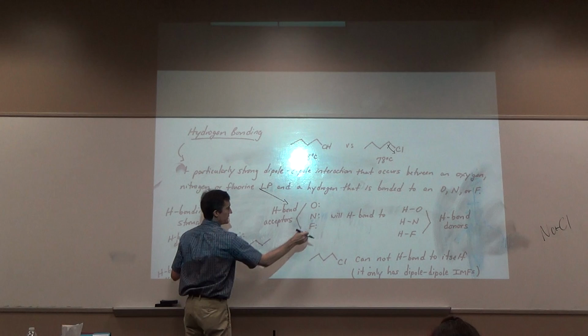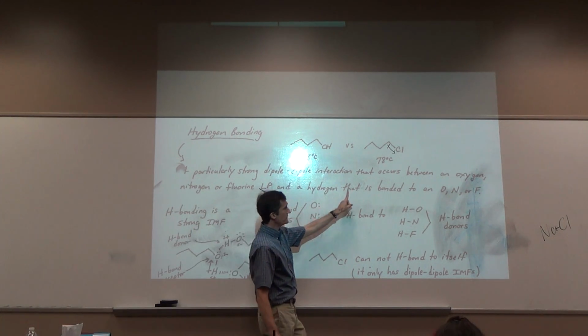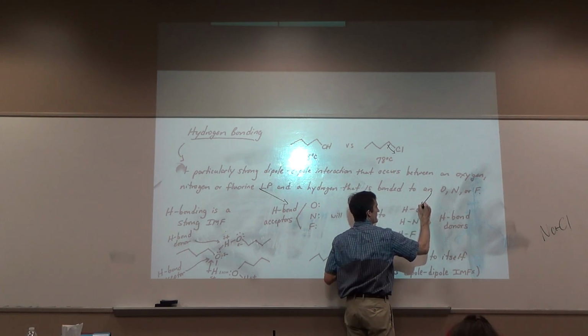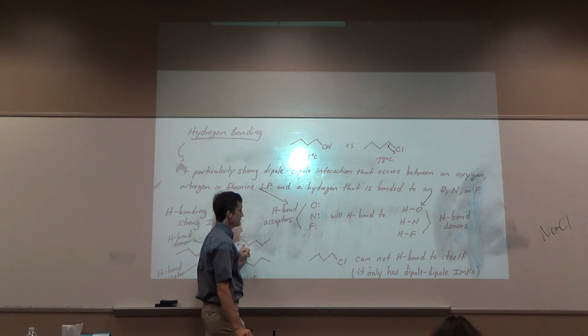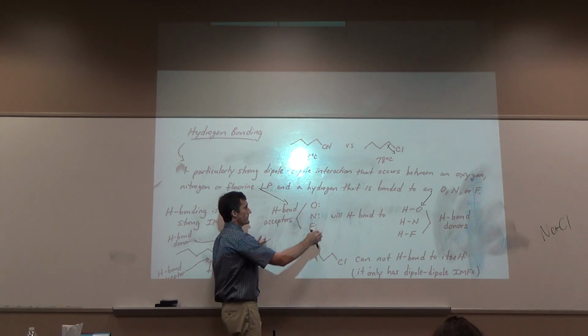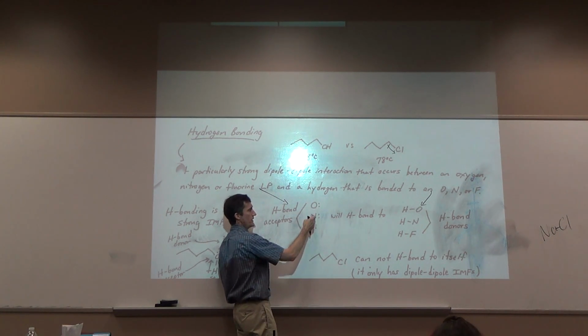That's those guys right here. And a hydrogen that is bonded to an oxygen, nitrogen, or fluorine. So that's these guys right here. Okay, it's between a lone pair and an H, but the lone pair has to be on an O, N, or F.